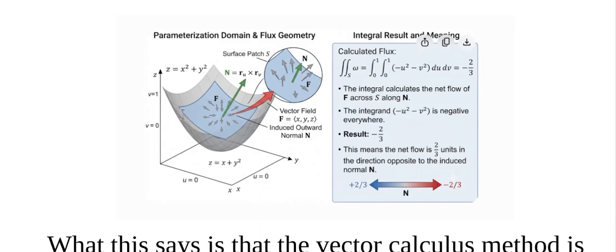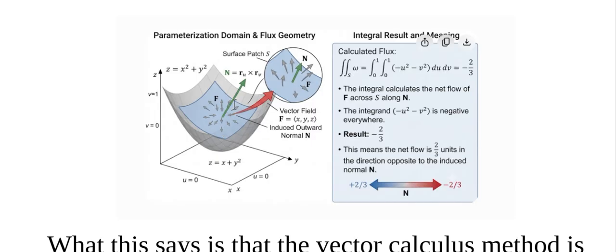And we integrated that and we got this answer of negative 2/3. The normal, you see, because we did e_u cross e_v, the normal is pointing straight up. So this means that our result is in the opposite direction. So it is the net flow of 2/3 units, whatever the units are, in the direction opposite of the induced normal.